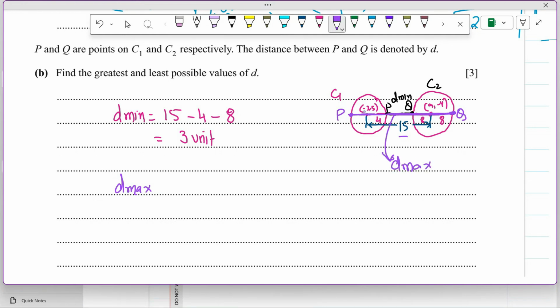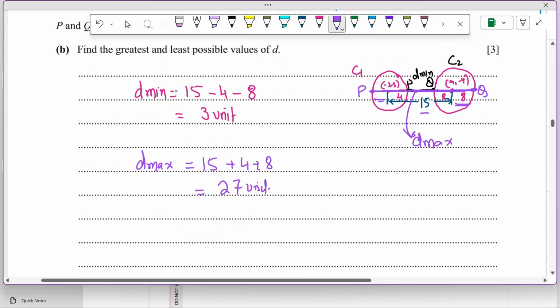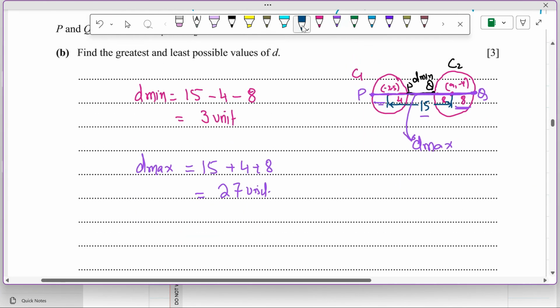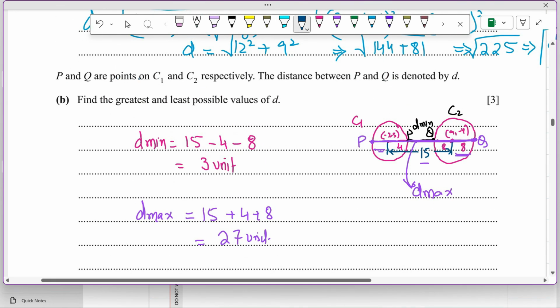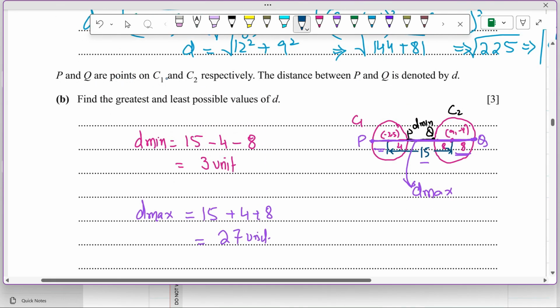You can see that the distance between the centers of the two circles is 15, plus this radius and this radius, which are 4 and 8. So when we add them, we have 27 units. This is the greatest and least possible distance of the points P and Q if we consider P and Q on C1 and C2.